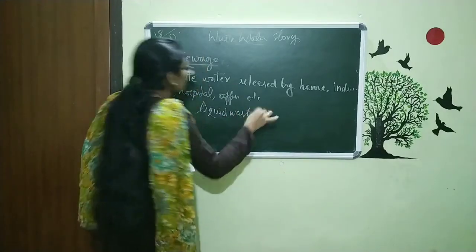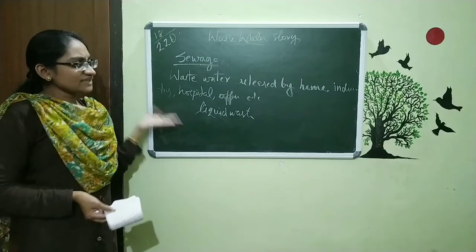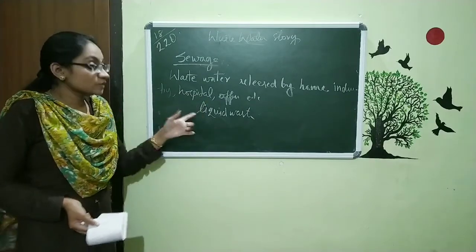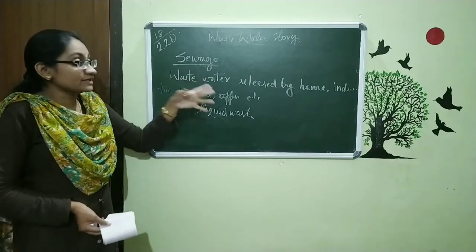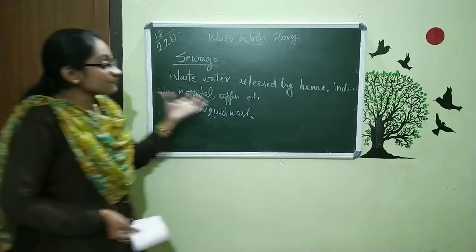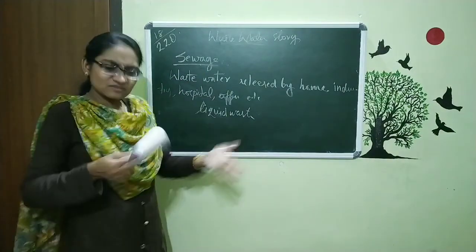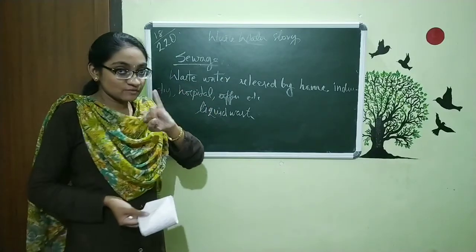Simply, sewage is liquid waste. And what things are included in this liquid waste? The wastewater that is released from homes, industry, hospitals, offices, schools, everywhere, is sewage. This is one category.